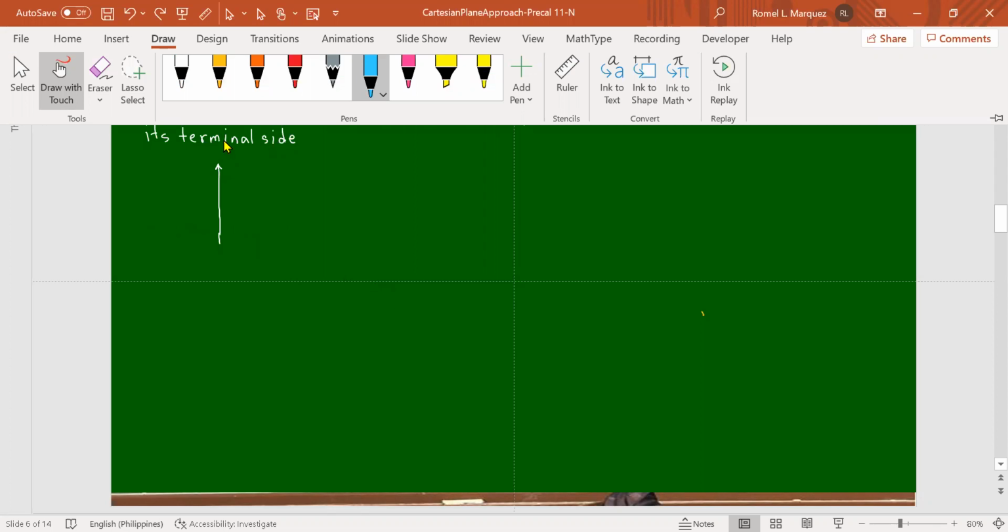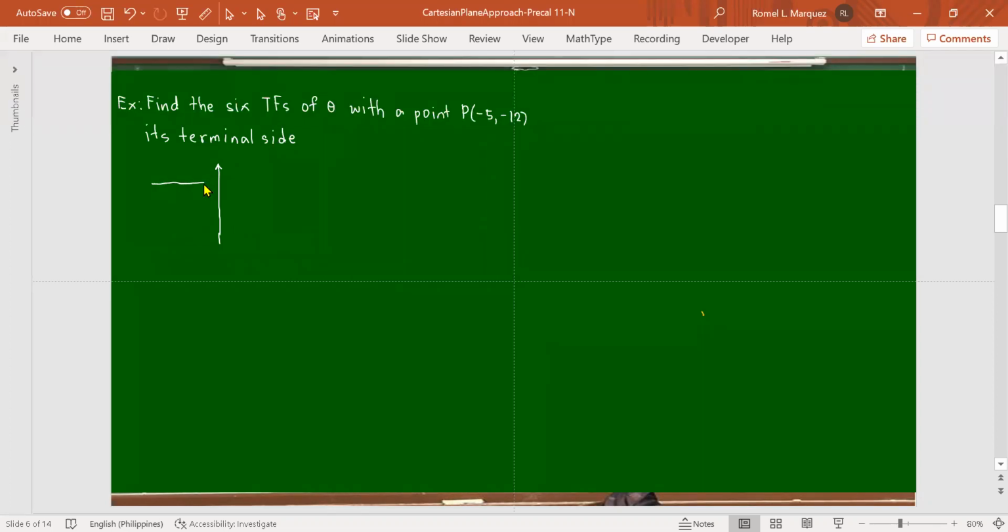I think I have to redraw. I'm not going to count 12. So this is negative 5, and this is negative 12. Let's just assume it's somewhere here.